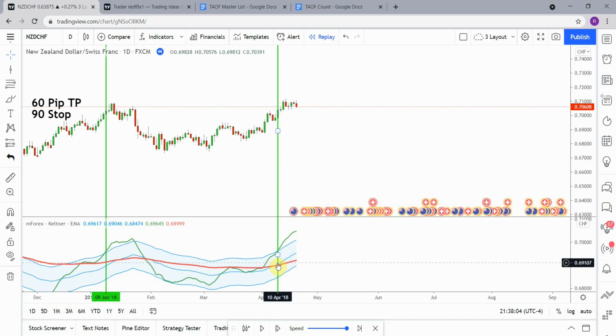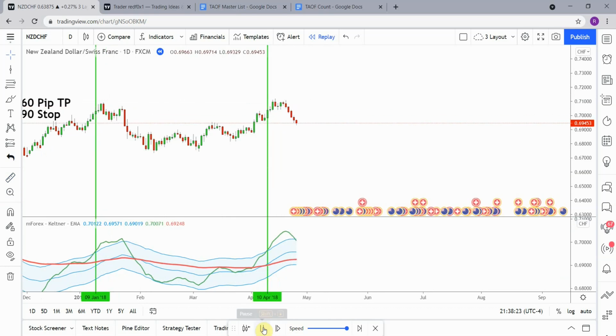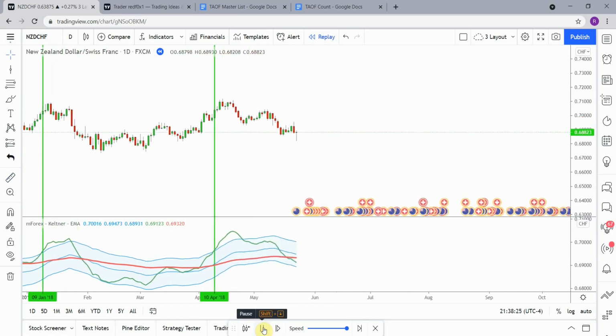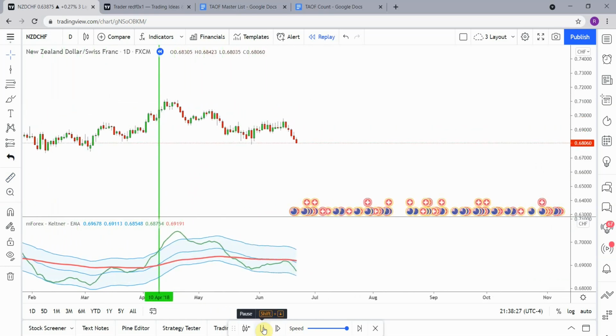If we look there, we can see that the green line was at 6964, and the top blue line was at 6961. So we did get the break officially there on that candle, and we were able to get to take profit once again. Go ahead and move on here.